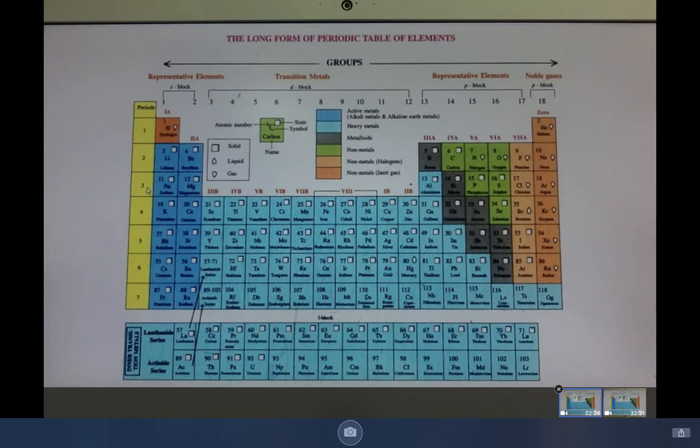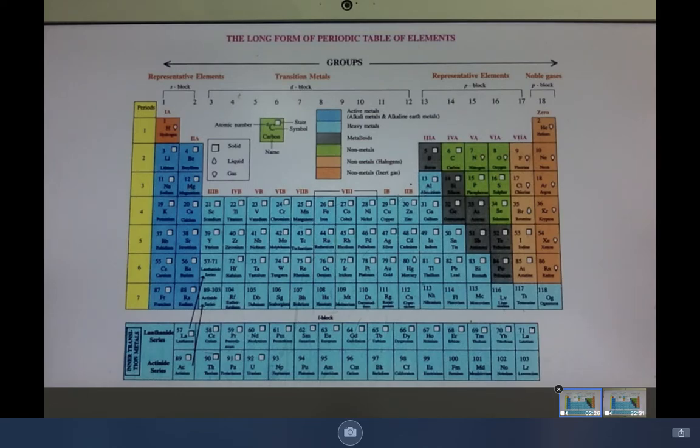Period 3, what was sodium electronic configuration? Try to recollect. It was 2, 8, 1. That is 2 in the first orbit, 8 in the second orbit, and 1 in the third orbit. Then 2, 8, 2: 2 in the first orbit, 8 in the second orbit, and 2 in the third orbit.